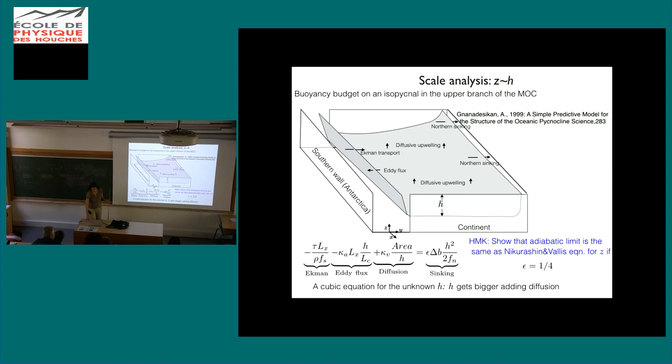And so you can solve for that, and that is essentially the scaling that you get out of the more complex extended model that I showed you before, including diffusion. What is interesting to notice is that adding diffusion makes h bigger and makes the sinking bigger. So diffusion, the diabatic term, increases the amount of sinking, okay, in the northern hemisphere.